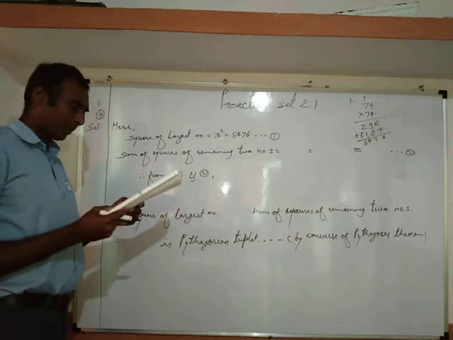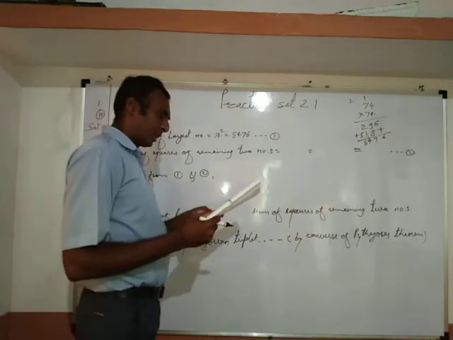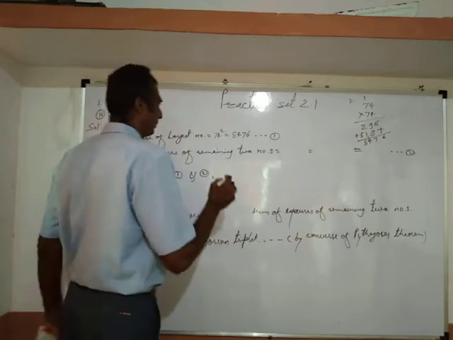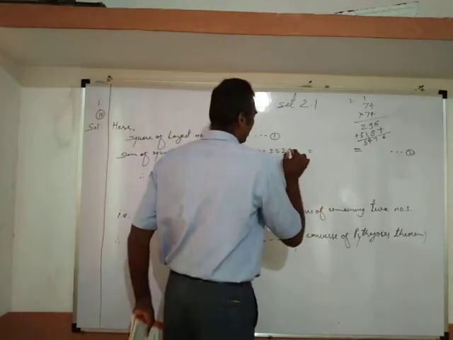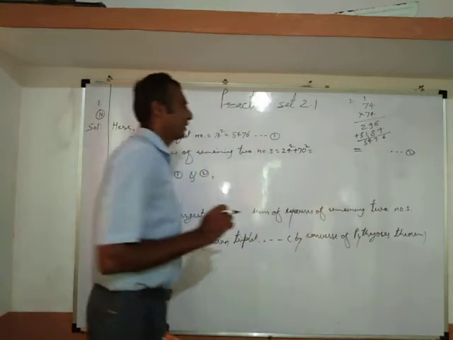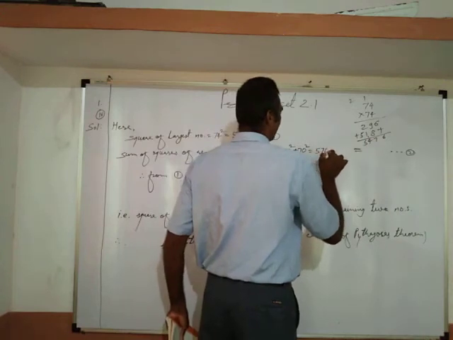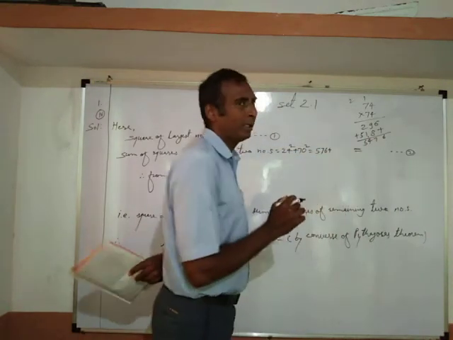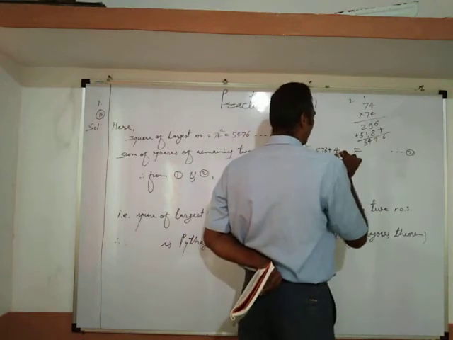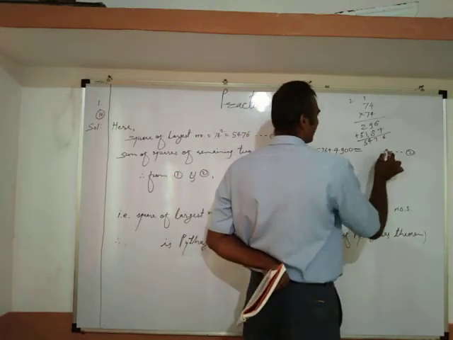The sum of squares of the remaining two numbers. The remaining two numbers are 24 and 70. Means 24 square plus 70 square. The square of 24 is 576. And the square of 70 is 4900. 0 plus 6 gives us 6.